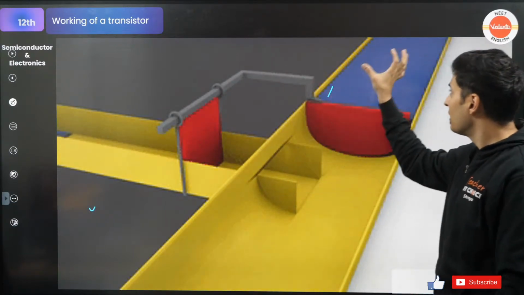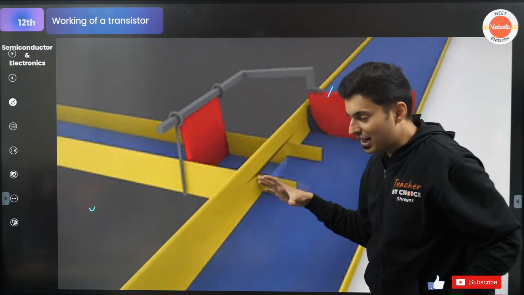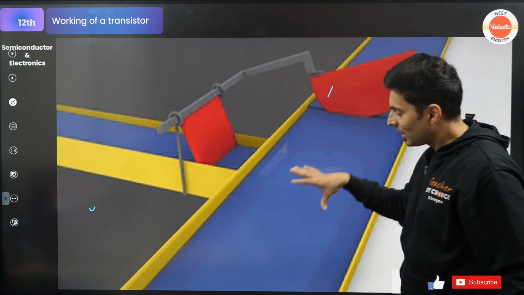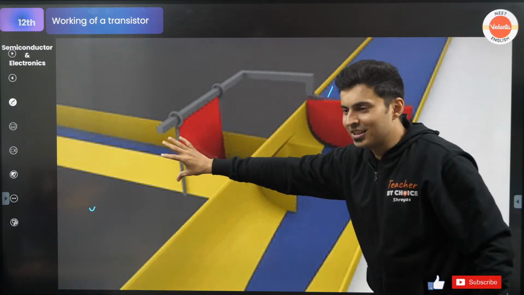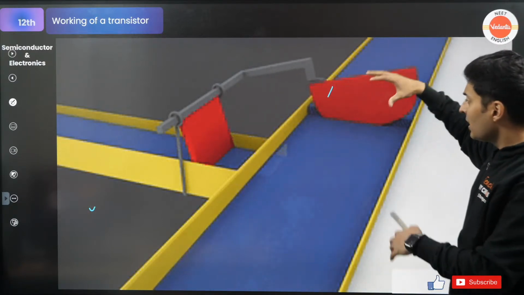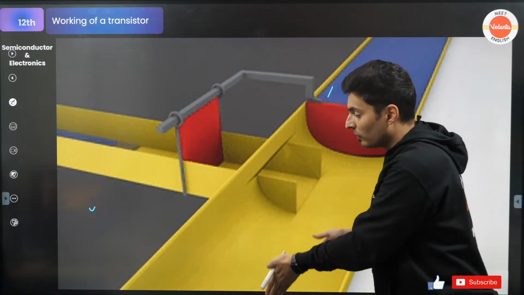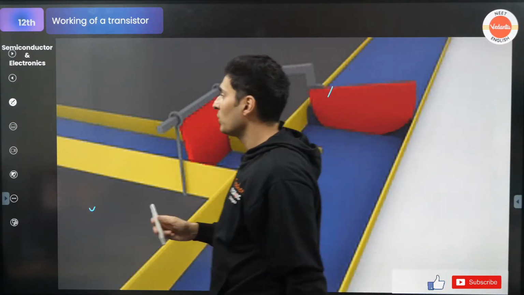Small current, large current, both come together, becomes a very large current. A small change in the current here, what is this? Base, creates a large change in the flow of the current in the emitter or in the collector. So that's what you have to realize.